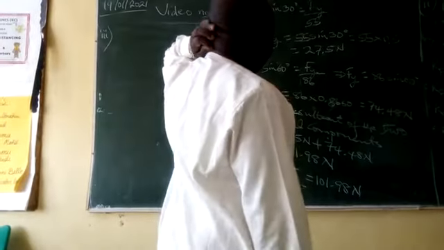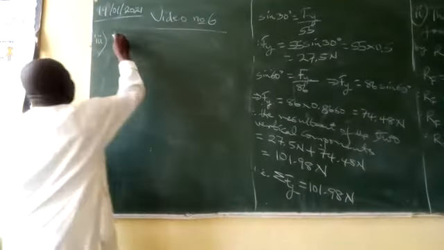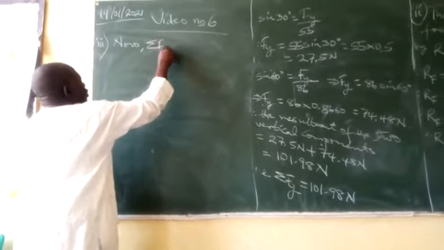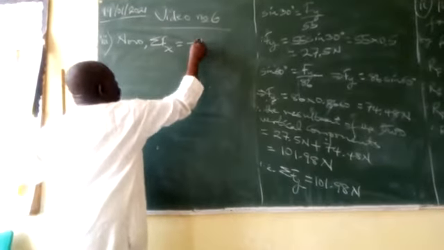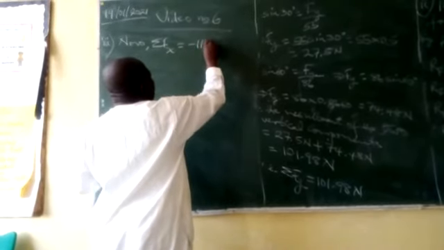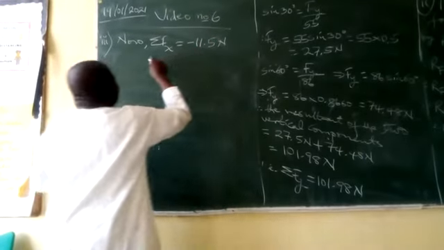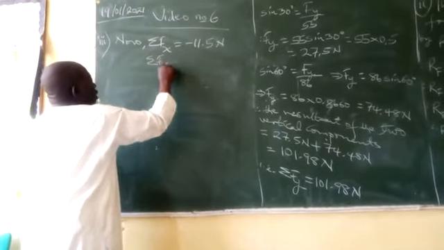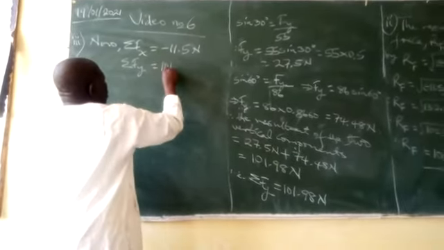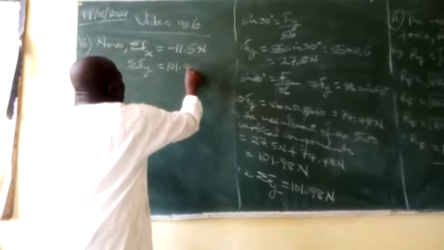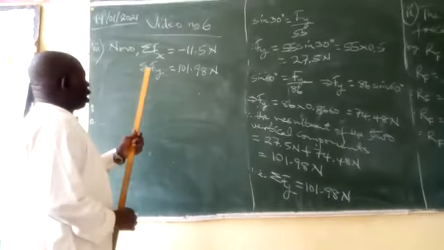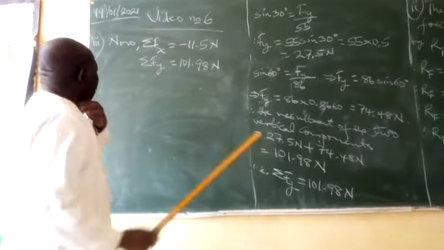Summation f sub x is equal to minus 11.5 newtons. Then summation f sub y is equal to 101.98 newtons. So I now have to draw the vector diagram of this.